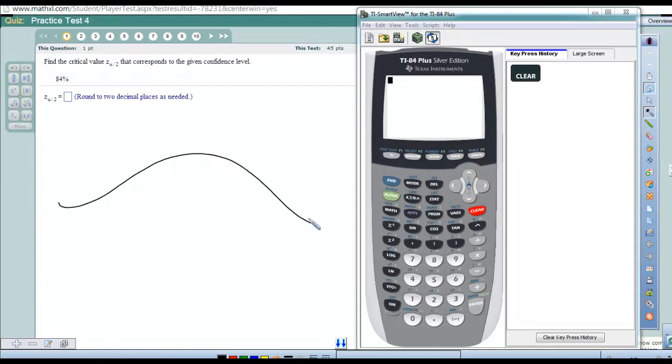So if I've got an 84% confidence interval, that means we've got 0.84 right here in the middle. Outside of that, we've got how much? 0.08 in each tail. So on my calculator, if I'm looking for a Z value, I would do inverse norm 0.08.